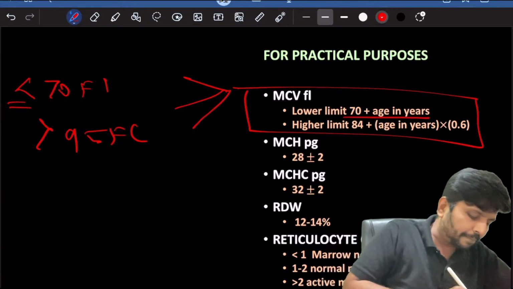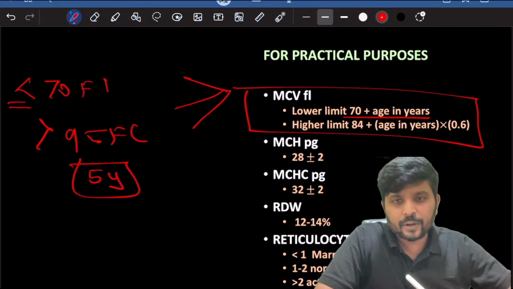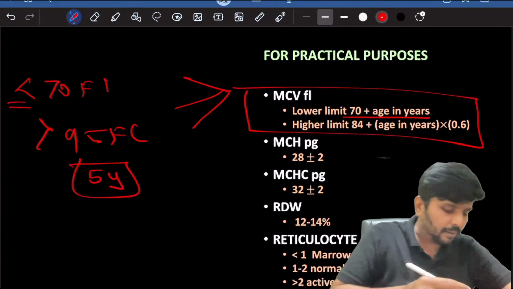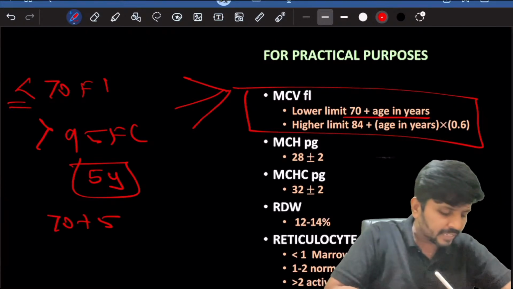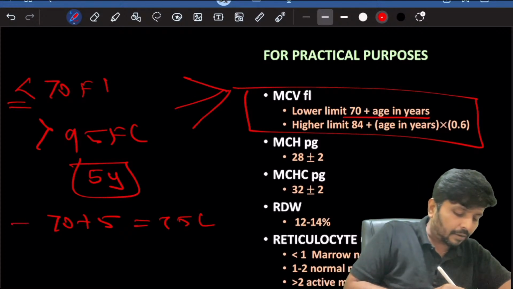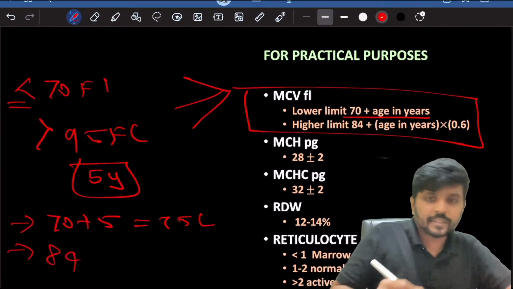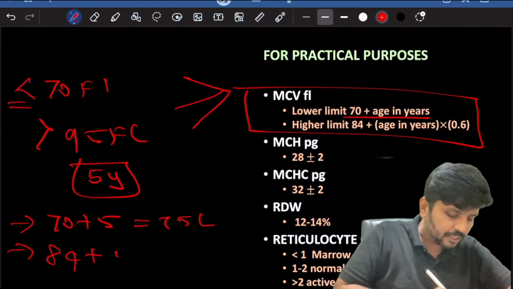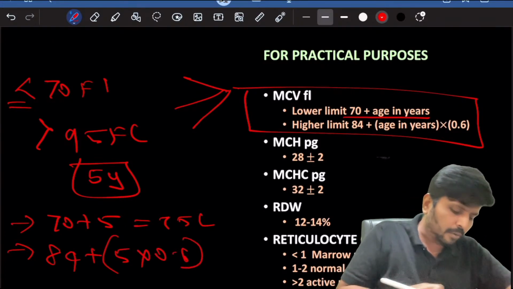For example, let me say I am seeing the MCV of a 5-year-old boy. What is the lower limit? The lower limit will be 70 plus 5, so 75 femtoliter. What is its higher limit? The higher limit is 84 plus age times 0.6.